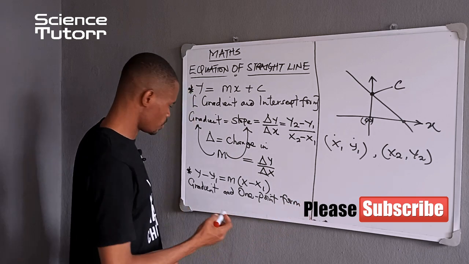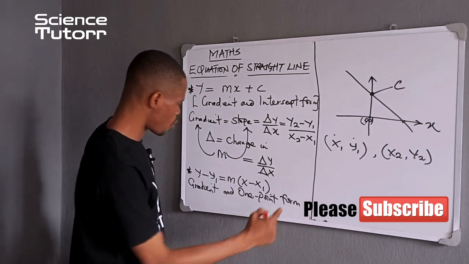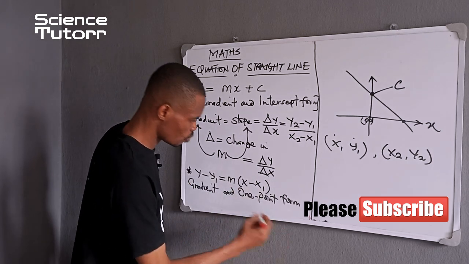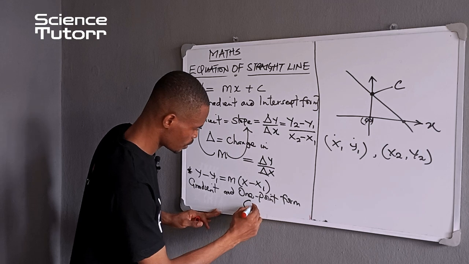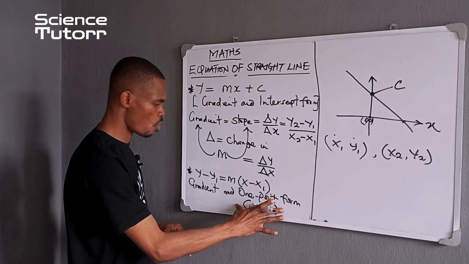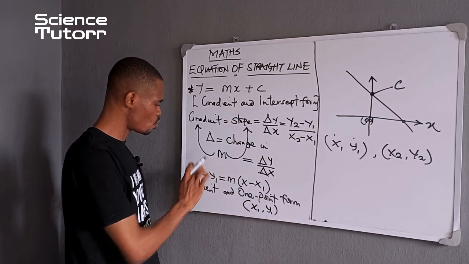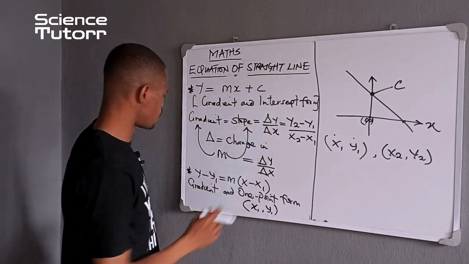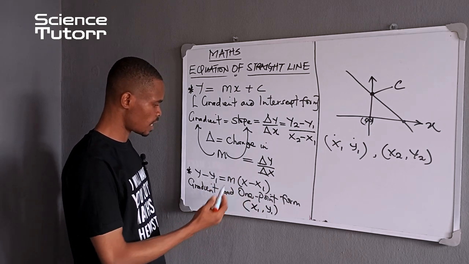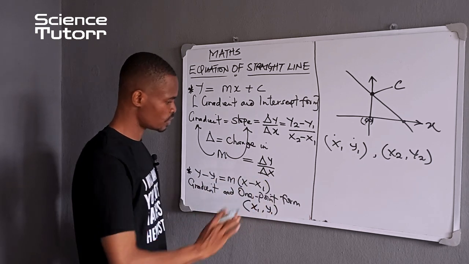The gradient simply signifies the m, and then the one-point form simply means we have x1 and y1, which can be written in this form, x1, y1. So we have these coordinates, one-point form. This is another formula that is used in solving the equation of a straight line. So when x1 and y1 are given alongside the gradient, we can find the equation of a straight line.